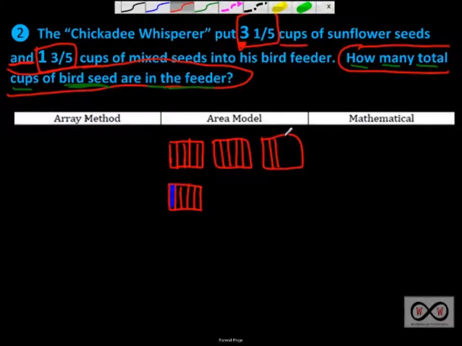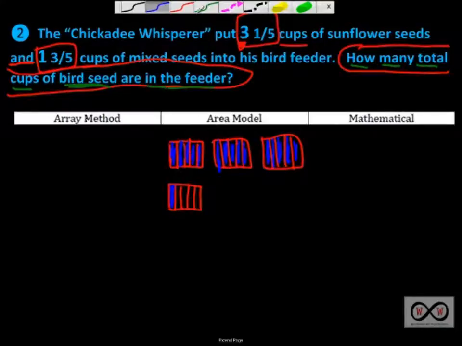Now we've got those cups, and since they're 3 whole cups, they would be exactly the same as 5/5 plus another 5/5 plus another 5/5. It really could be considered 15/5, but anyways, it's equal to 3 whole cups of sunflower seeds there, and 1/5 of another cup.